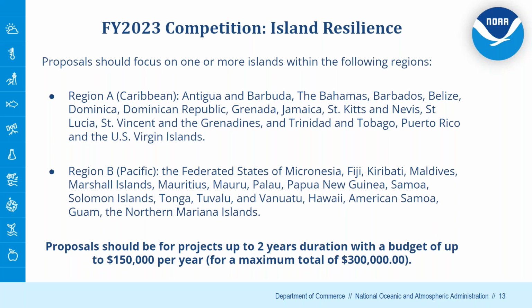We really do encourage collaboration across islands, and that would include collaboration between non-US islands and also with US islands, territories, and states. Proposals for this competition should be for 2-year projects or up to 2 years. You could submit something for 1 year with a budget of up to $150,000 a year. So the maximum total allowed would be $300,000 for the 2 years.